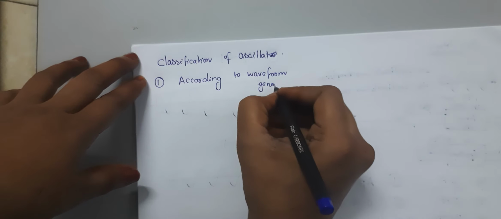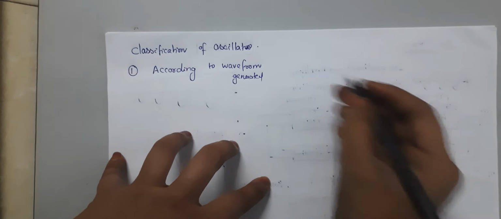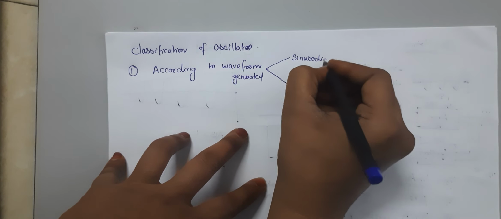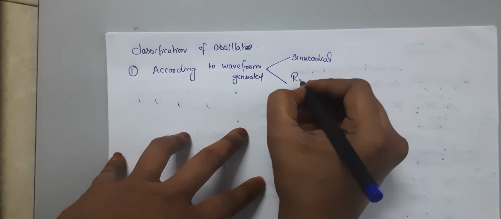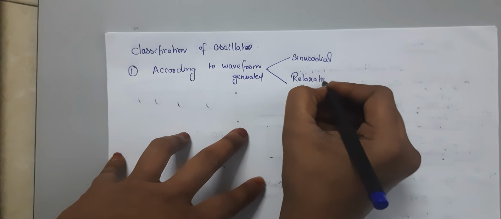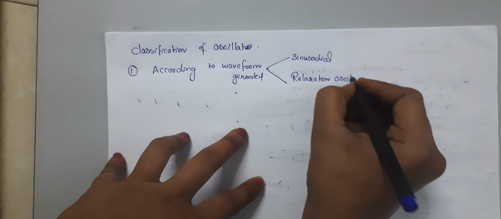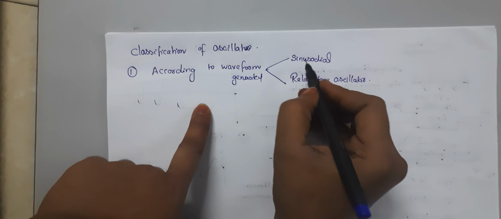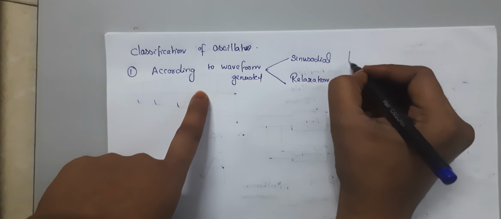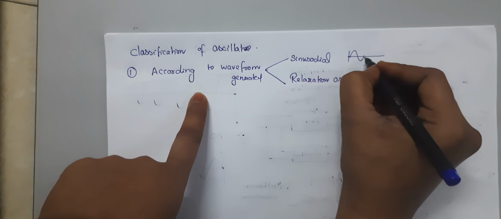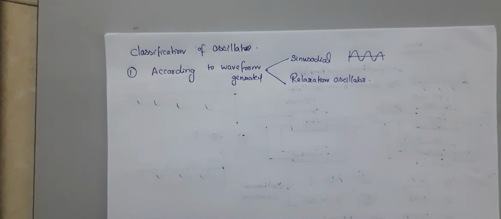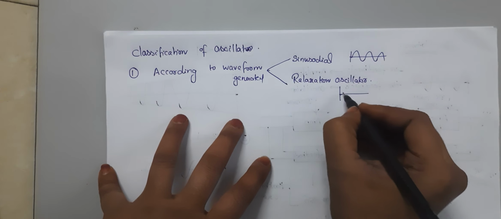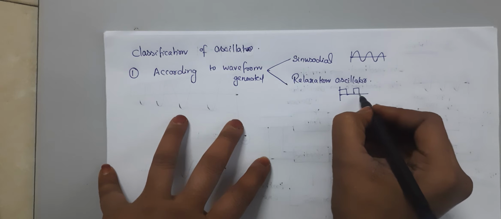According to the waveform generated, oscillators are classified into two types: sinusoidal oscillators and relaxation oscillators. Sinusoidal oscillators generate sinusoidal voltage or current. Relaxation oscillators generate waveforms like square and triangle.